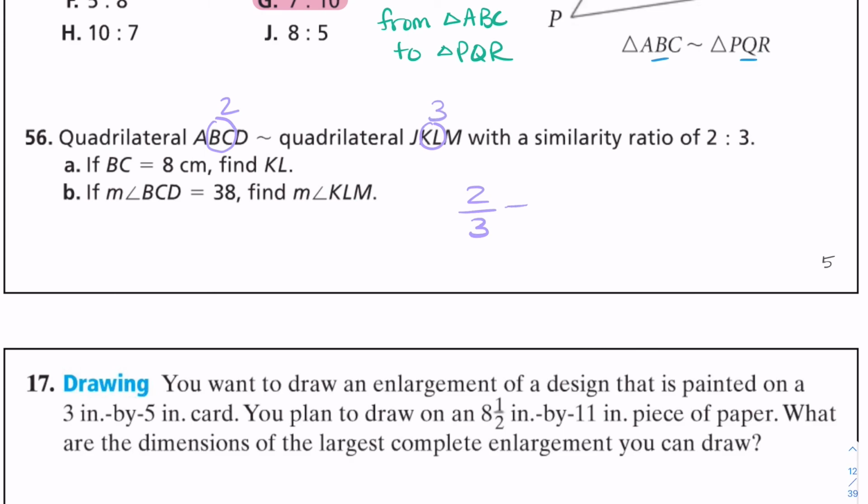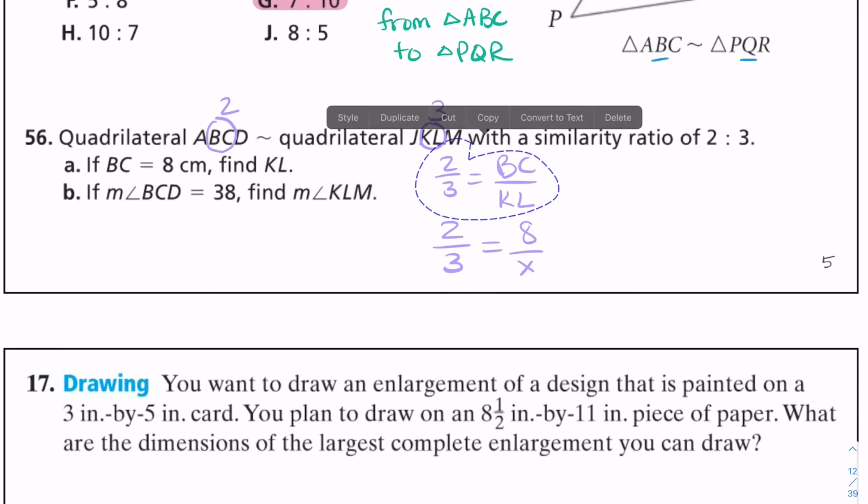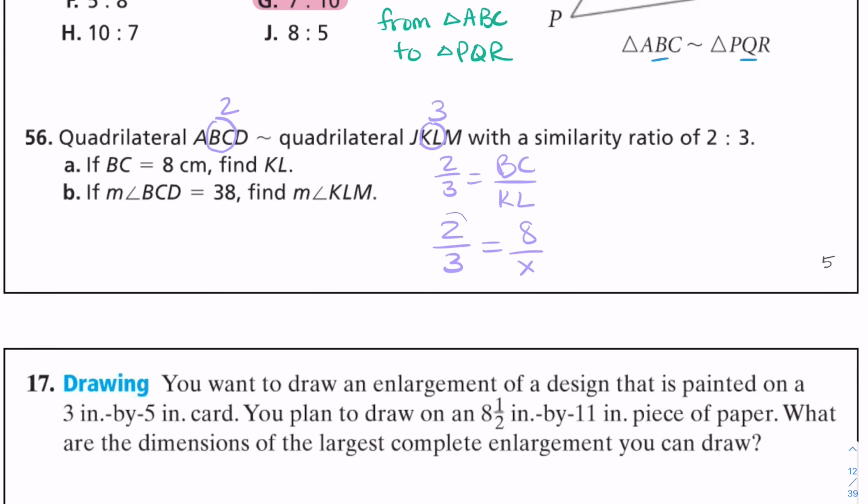So 2 is to 3 as 8 is to unknown, right? Because it's 2 is to 3 as BC is to KL.